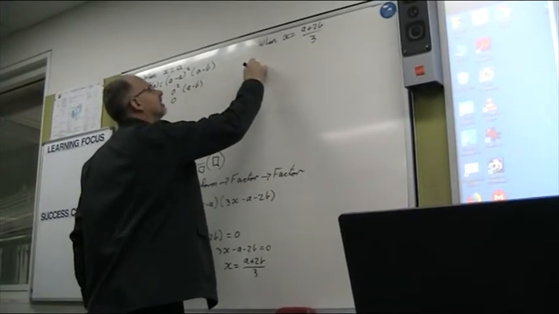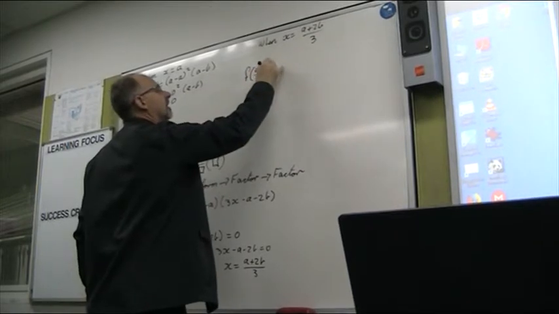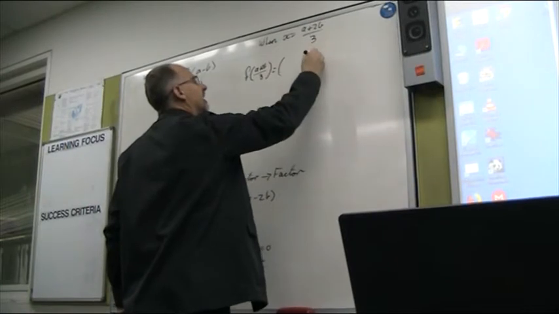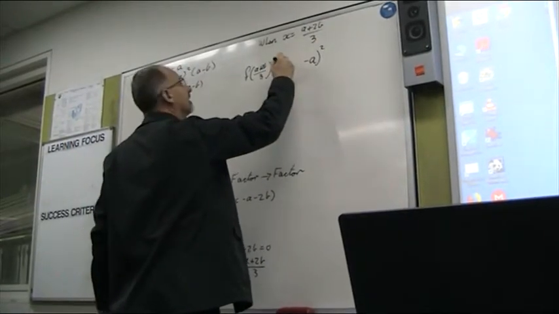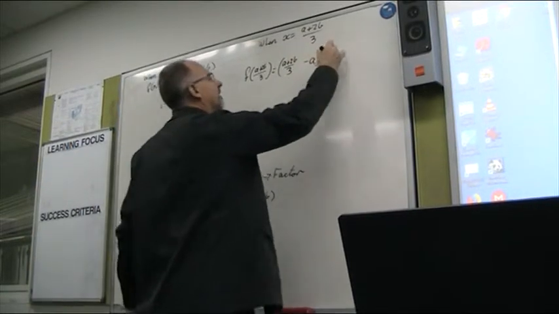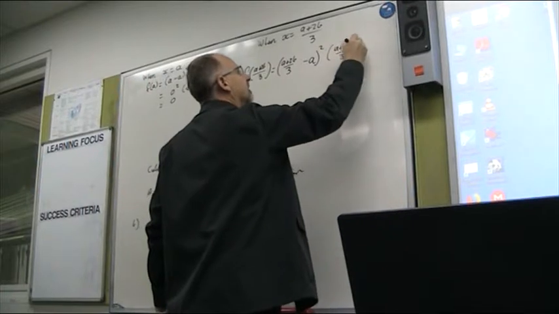Oh, I wondered why it wasn't working out, because I wasn't doing it properly. Alright, so it's x minus a, this minus a here. Right. So a plus 2b on 3, and then a plus 2b on 3 minus b.